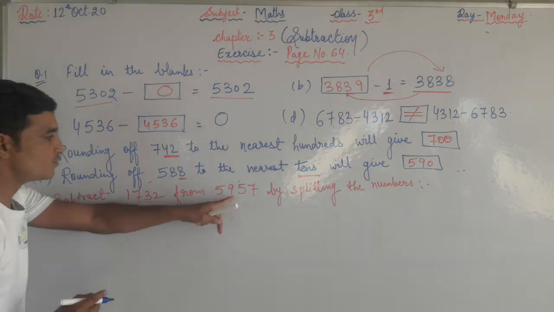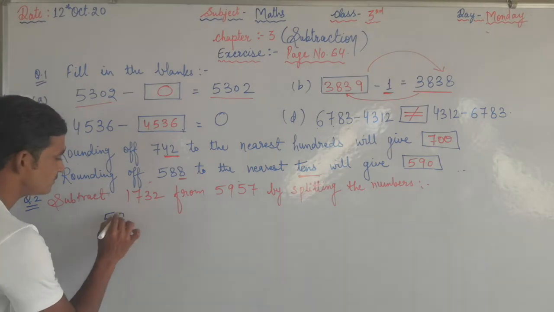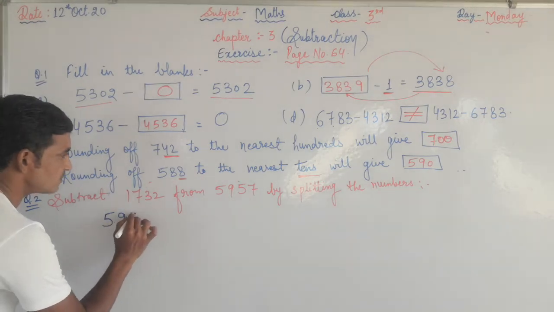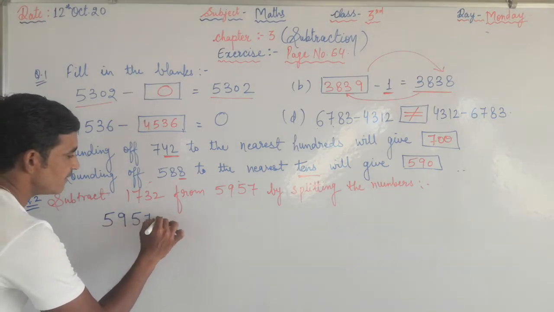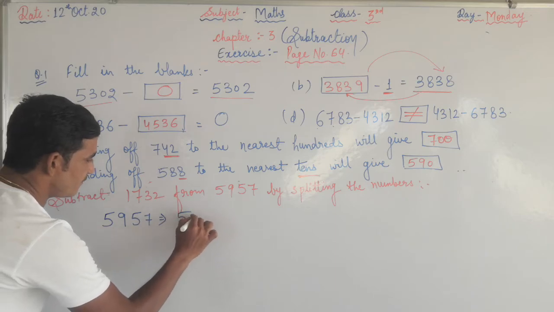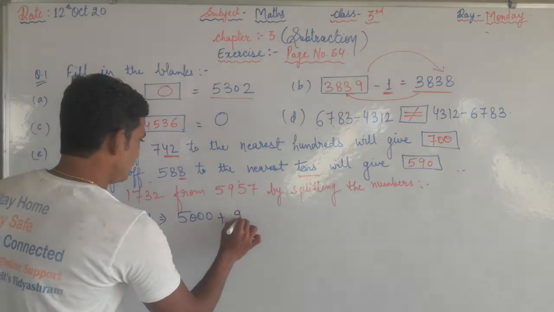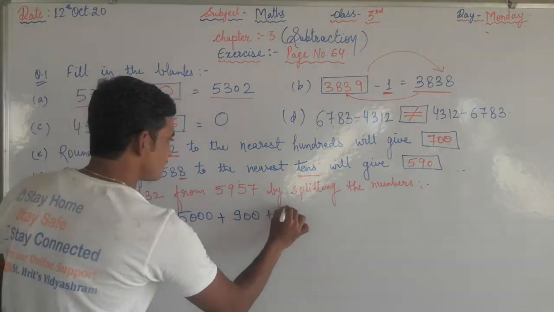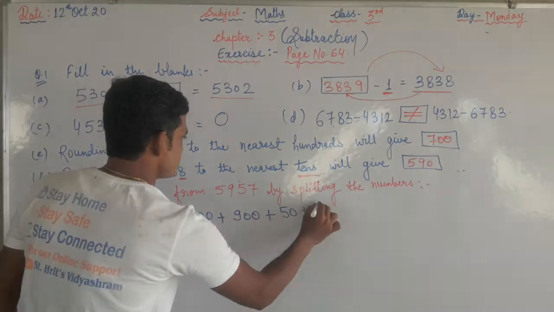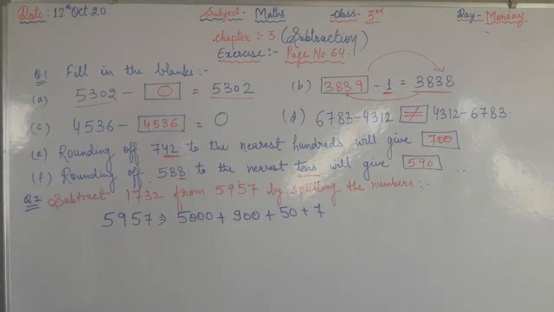Here first you write the largest number, 5957. Here it is 5000 plus 900 plus 50 plus 7.